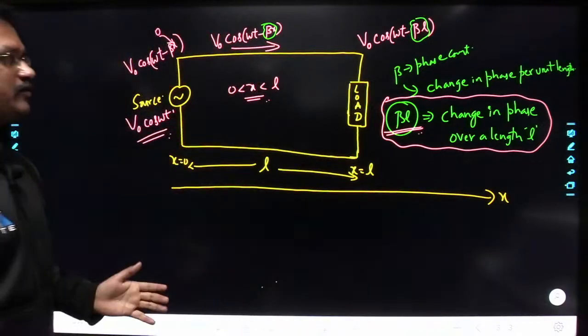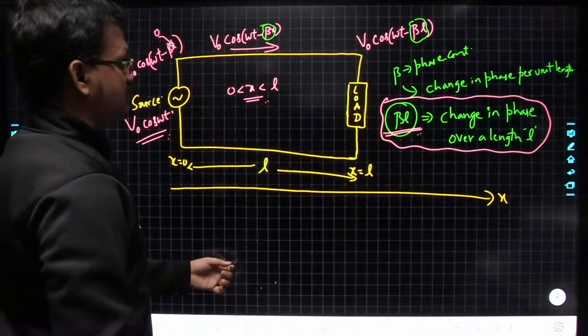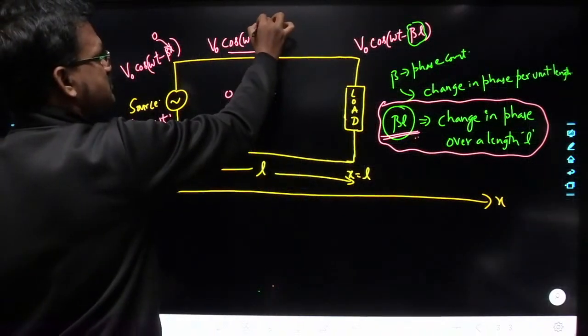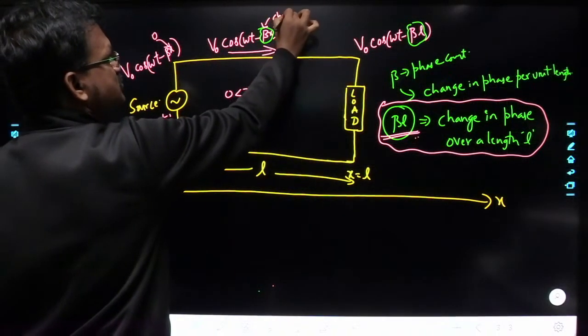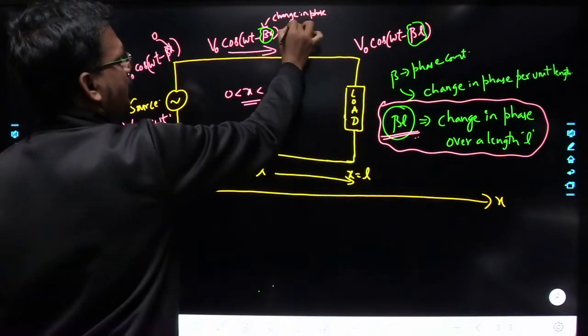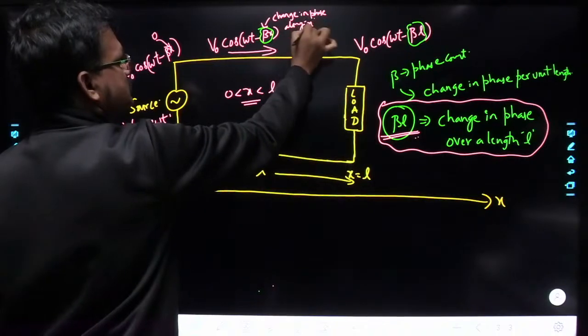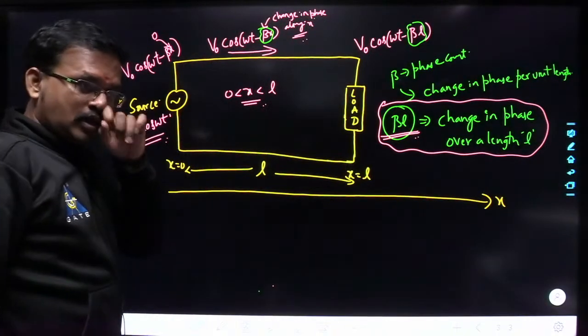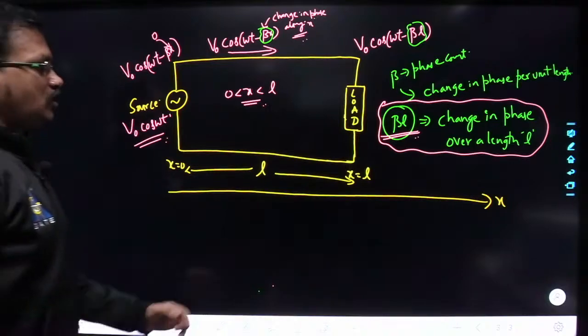See, all these things I have explained already in the previous session. And beta x represents the change in phase along x.